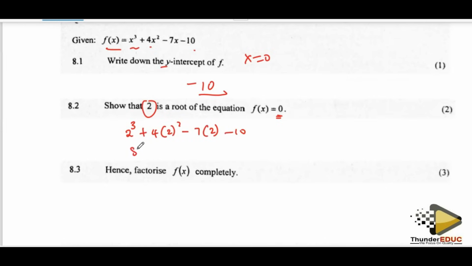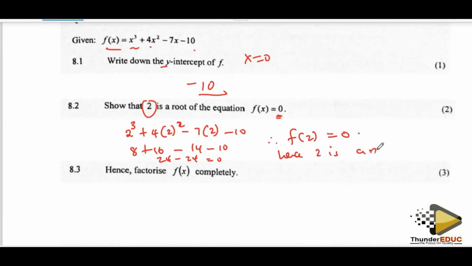So that's going to be 8 plus 16 minus 14 minus 10. That's a 24 minus a 24, which is a 0. Therefore, f of 2 is giving us a 0. Hence, 2 is a root.